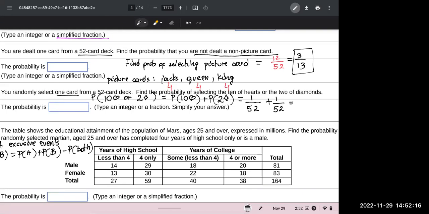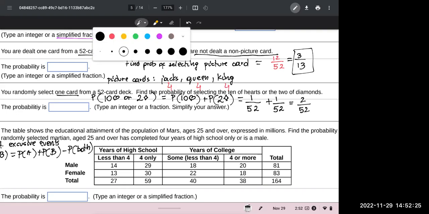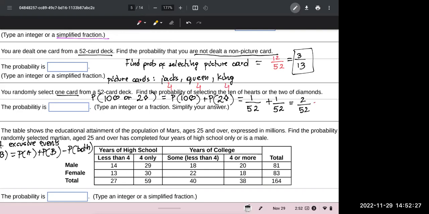So we add those 2 fractions together, copy the denominator. You have 1 plus 1, that will be 2 divided by 52. Of course, you need to simplify this fraction. Both numbers can be divided by 2, so the solution should be entered as 1/26. So that was an example of mutually exclusive events.